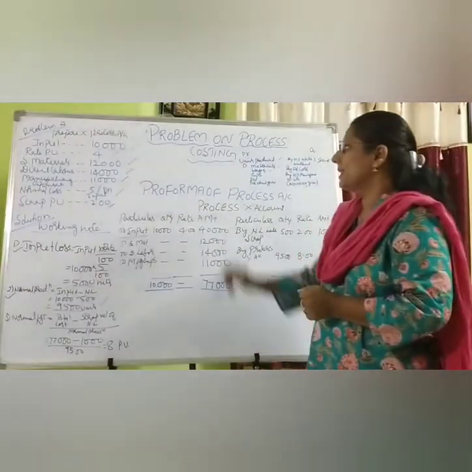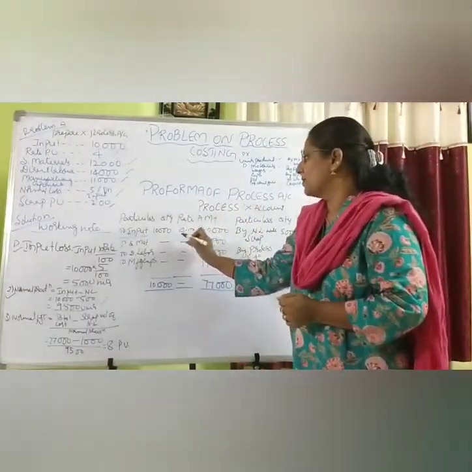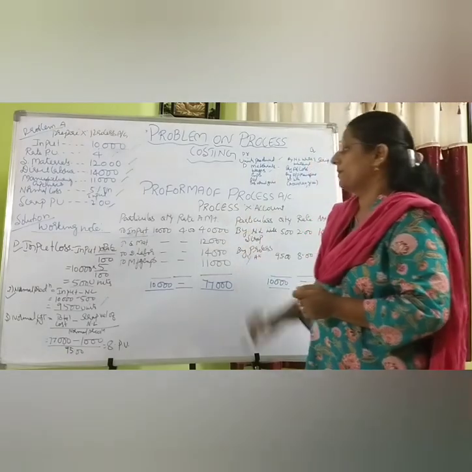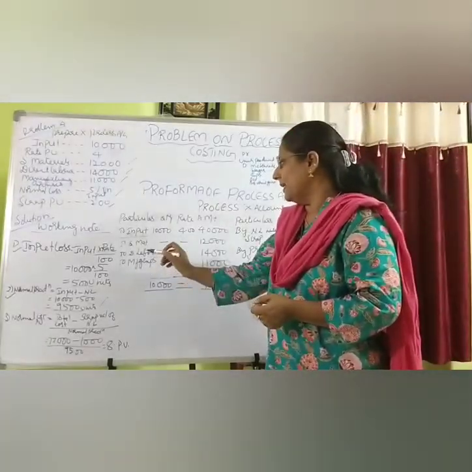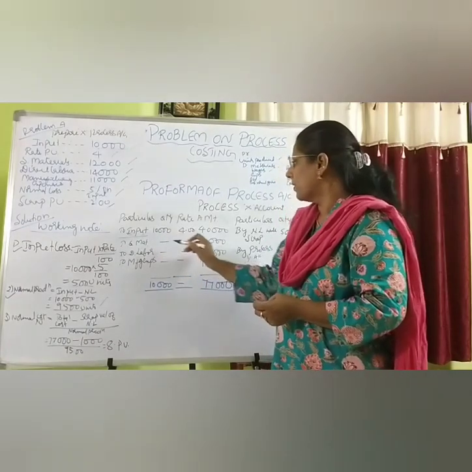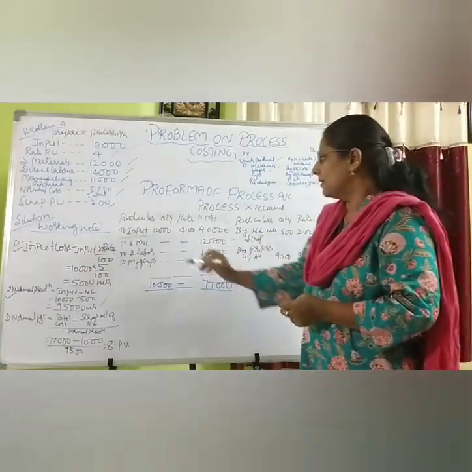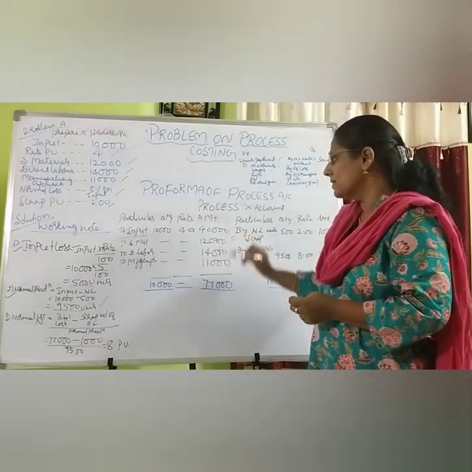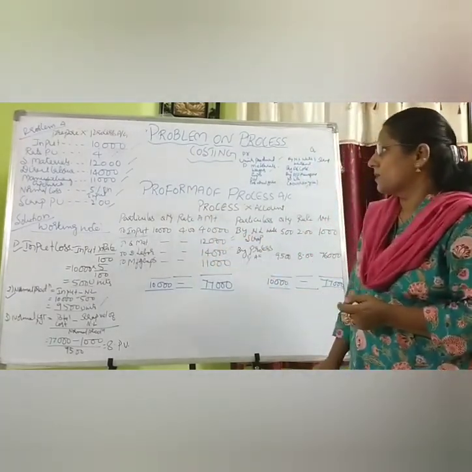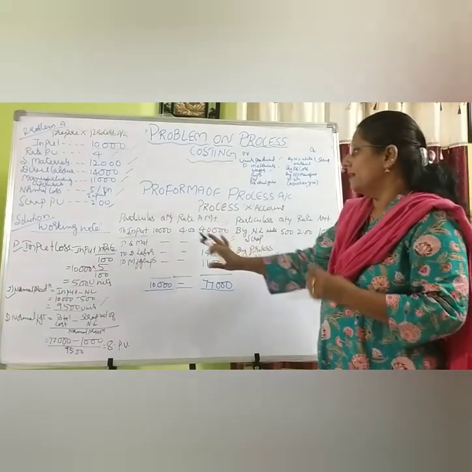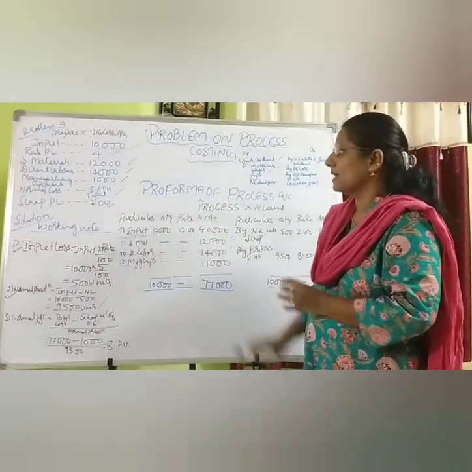Here the 10,000, they have given the rate, 10,000 into 4 will be 40,000 amount we have to take here. Then next will be the materials 12,000, then the direct labor 14,000, then the manufacturing expenses 11,000. We have to enter all the amounts in the process account.